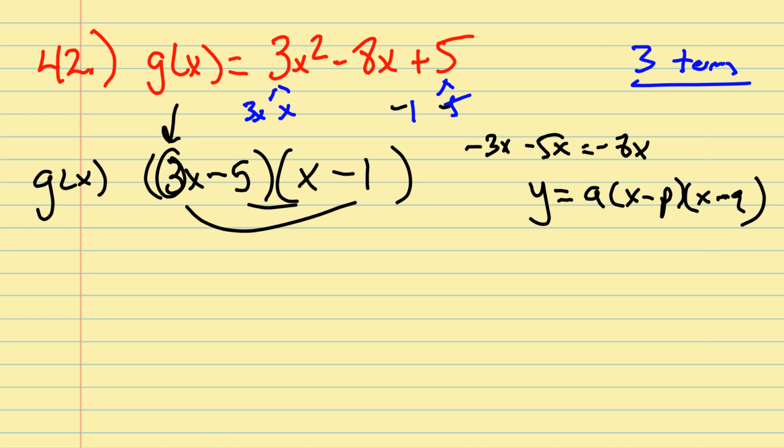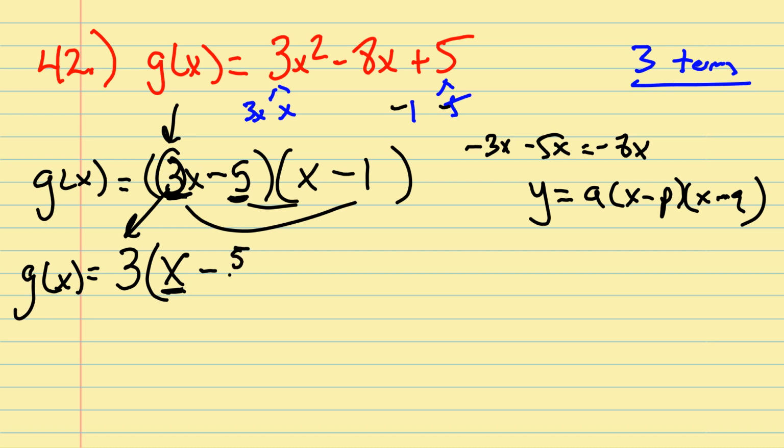So all I'm going to do is take this 3 and move it right outside the parentheses. Now if I do that, I have to divide the 3 into both. 3 divided by 3 is 1, so this x stays. Negative 5 divided by 3 is just going to be minus 5/3. I didn't do anything with the x minus 1, so it just stays x minus 1. And now it is intercept form.